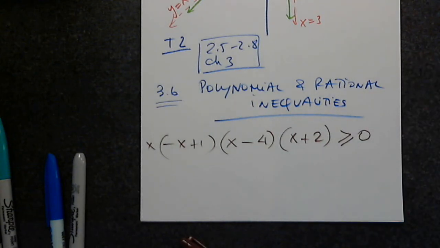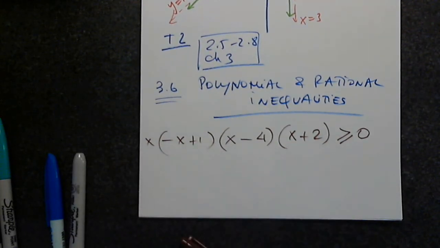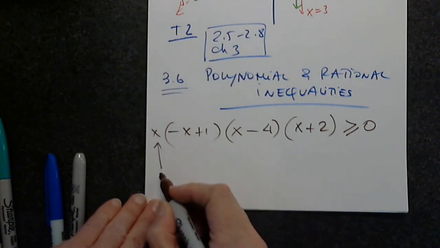Excellent. So what degree? 4. We have x times negative x times x times x, which must be x to the 4th power, because there are four factors with degree 1. So x times x times x times x, copy the base, add the exponents. Degree 4.